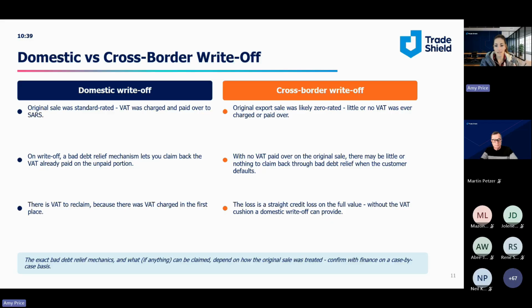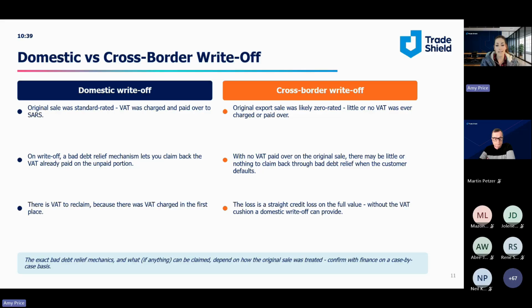On the domestic side of things, this is what you already know, hopefully intuitively. The original sale was a standard rated VAT supply, a VAT rating of 15%. It means that VAT was charged and the VAT was paid over to SARS at the time of the sale.